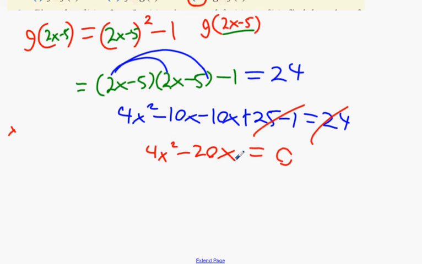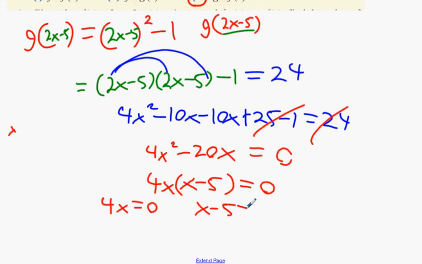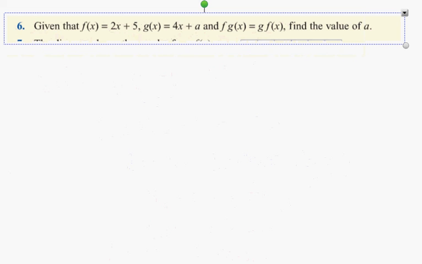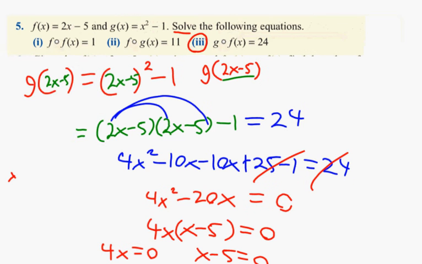So take out what? 4 and x, and you get left with 2 answers. 4x equals 0 or x minus 5 equals 0. x equals 5. Alright, that's question 5 part 3 done. Yeah, it's a bit on the long side. We'll leave question 6 alone for today.